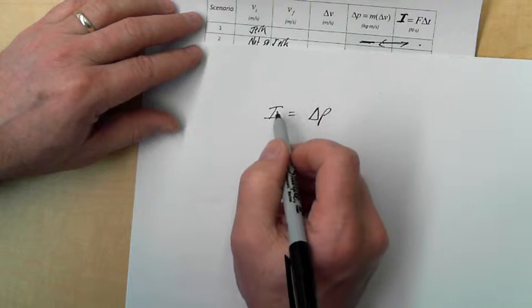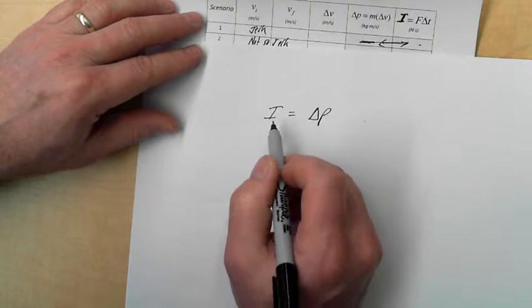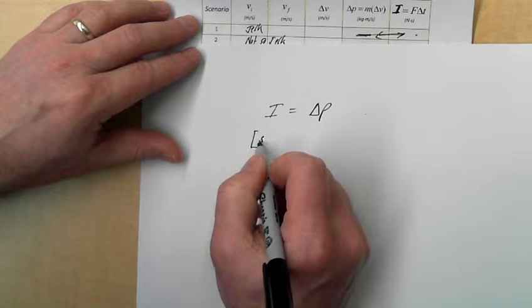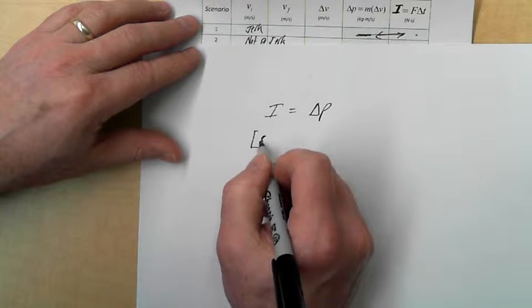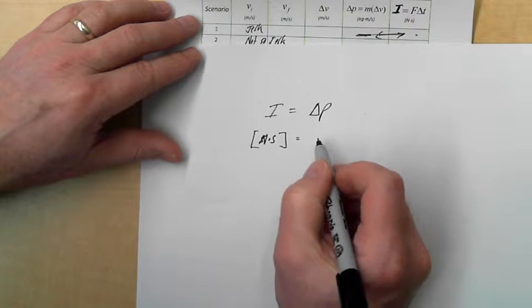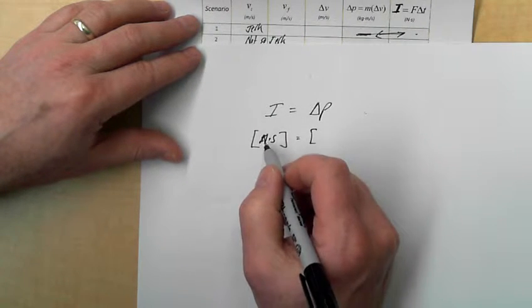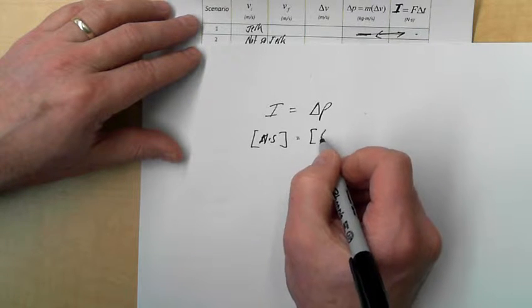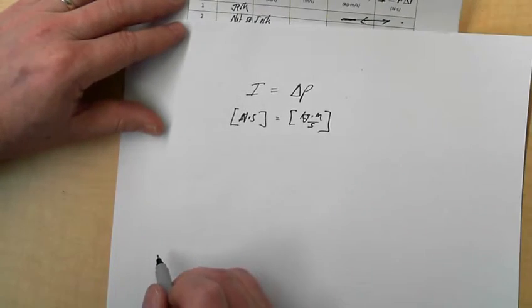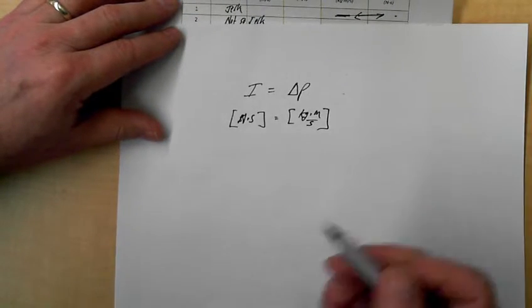They're not the same things. Then these two things must be the same thing. So let me just write the units here. We have a Newton second for the units. And what we're saying is that the units of Newton second must equal units of kilogram meters per second, even though they are completely different in appearance.